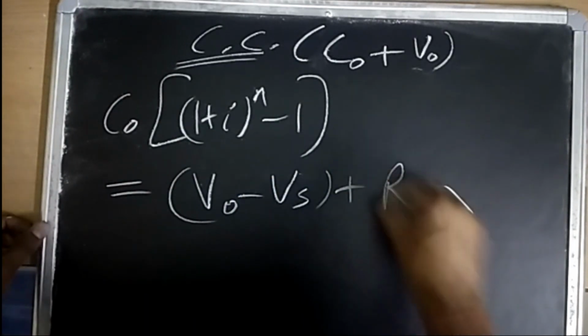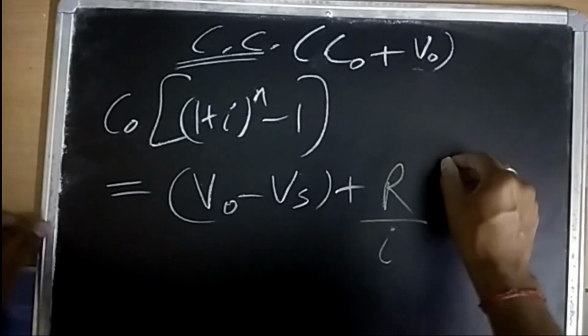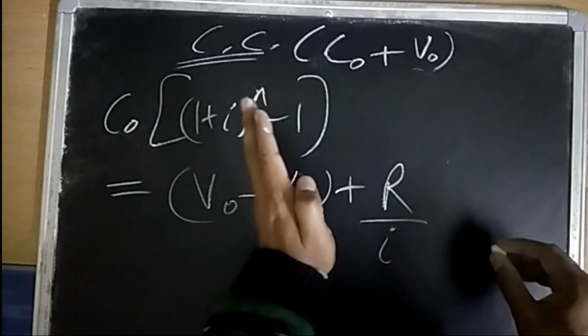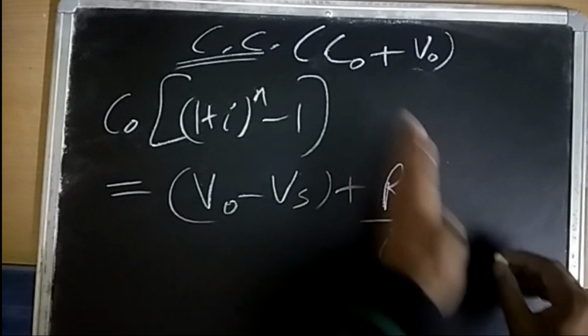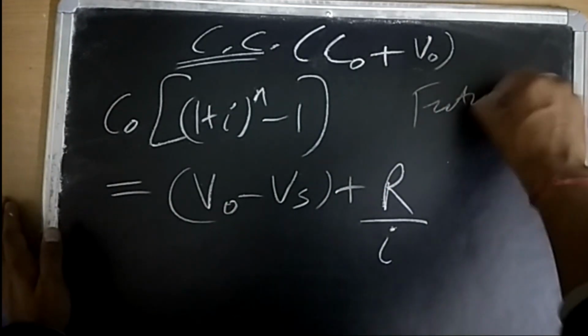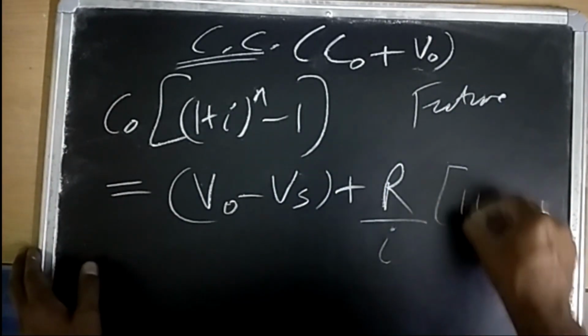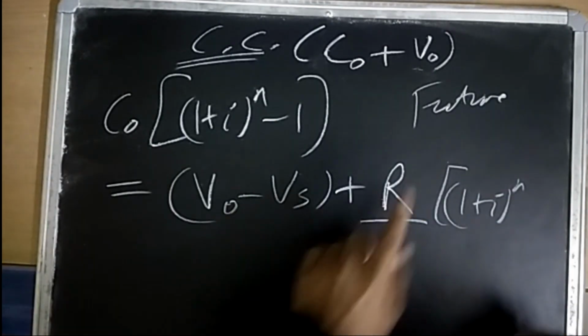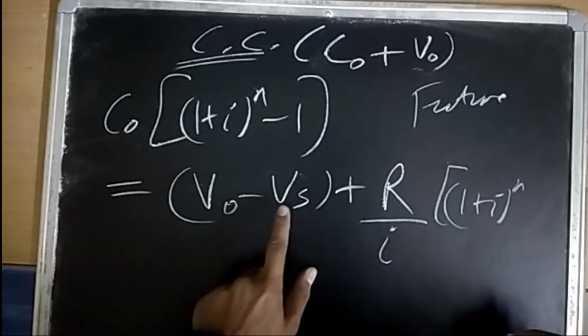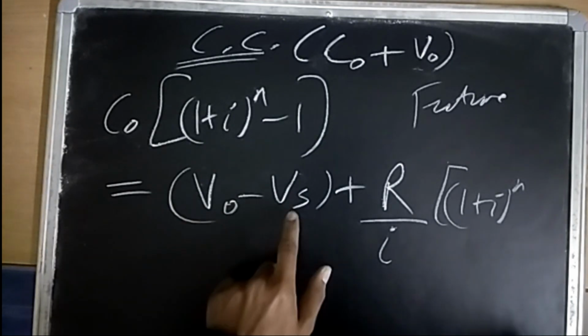Okay, plus the R, the maintenance would be yearly, so we will take its future value, because all this is finally calculated on future basis. Why? Because at the future we can get this S, so we can minus this V salvage value.